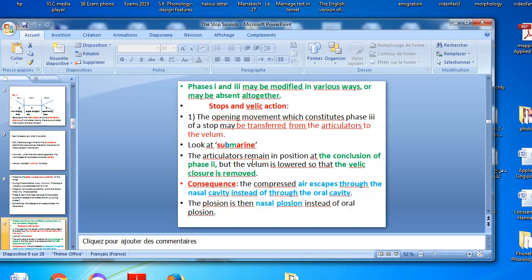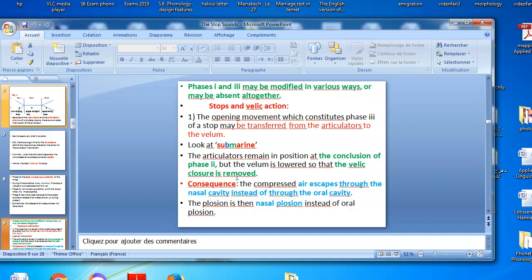The articulators remain in position at the conclusion of phase 2. But the velum is lowered. Why do we need to lower the velum? In order to allow the air to go through the nose, so that the Velic closure is removed.